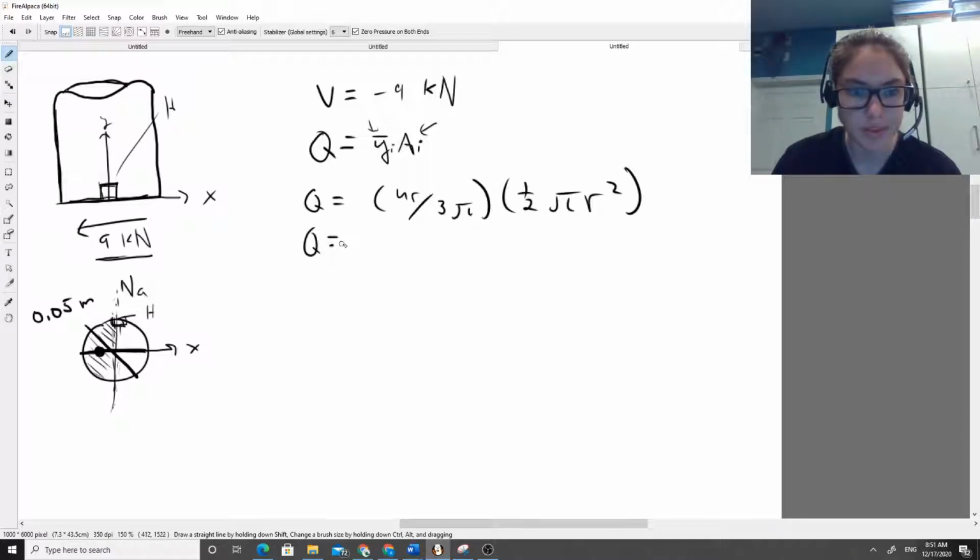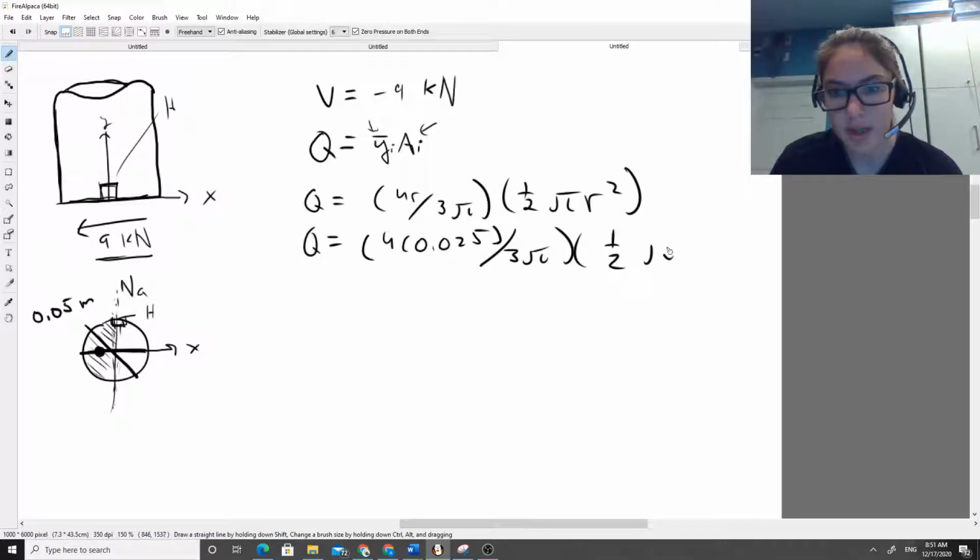So we can plug that into this formula: 4 times 0.025 divided by 3 pi multiplied by 1/2 pi times 0.025 squared.